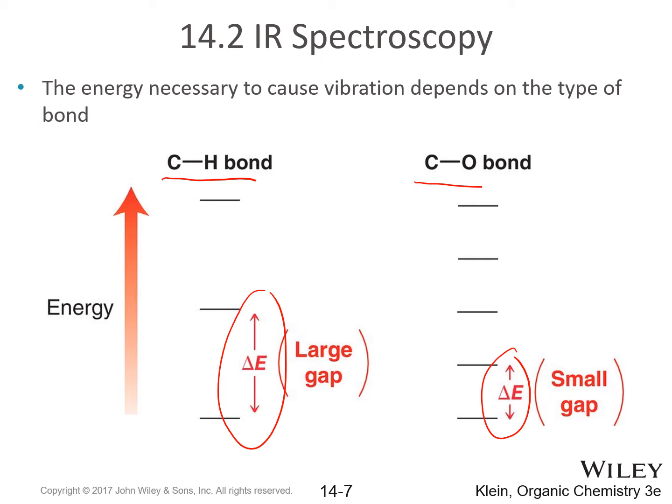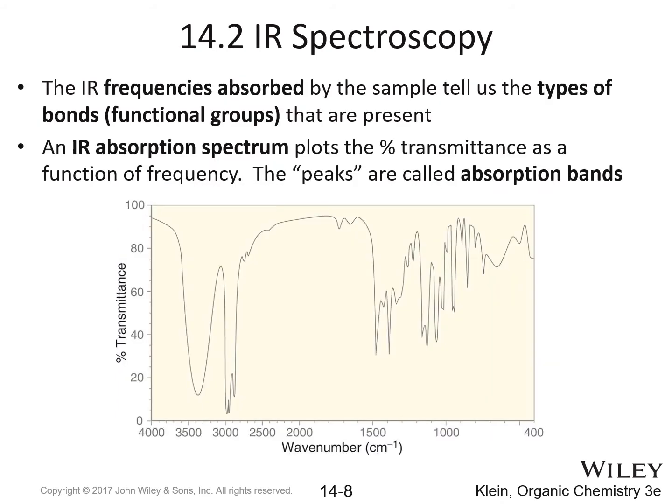That's it. The IR frequencies absorbed tell us about the bending and stretching of those bonds, and from a spectrum, we can infer the functional groups that are present in a molecule.